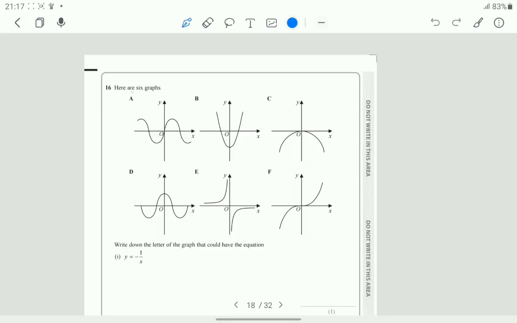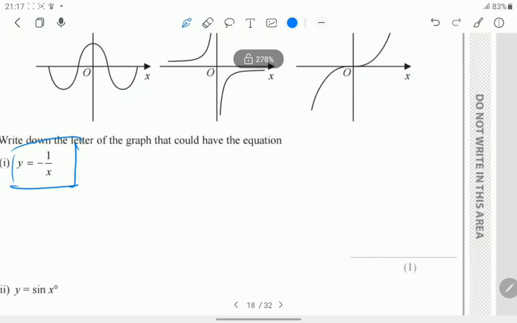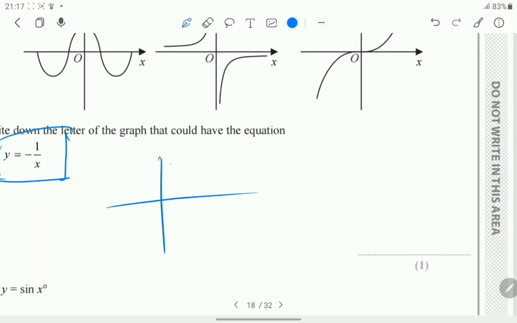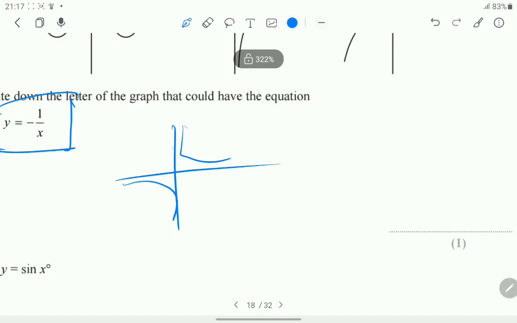Question 16 says here are 6 graphs A, B, C, D, E, F, and write down the letter of the graph that could have the equation y equals minus 1 by x. So this is just stuff that you need to learn. There is no logic behind it. This is the graph of y equals 1 over x, and y equals minus 1 over x means that all the x values are negative.